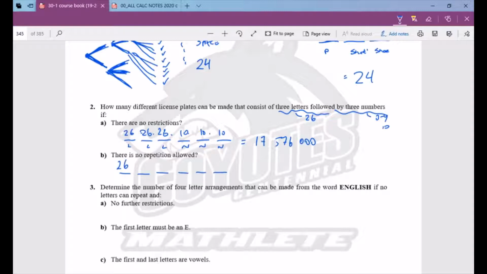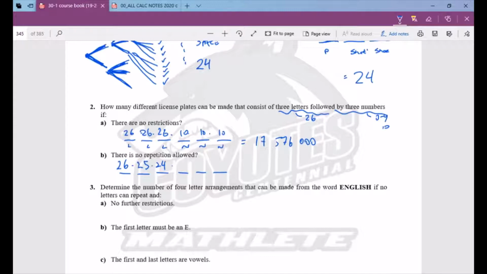But once we've chosen that letter, I don't know what letter it is, it might be an L, it might be a K, it might be a Z, we now only have 25 choices left for the next letter, and then 24. So we are going to be multiplying this decreasing amount, 26 times 25 times 24.